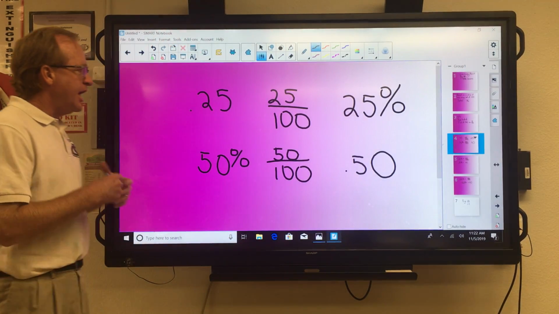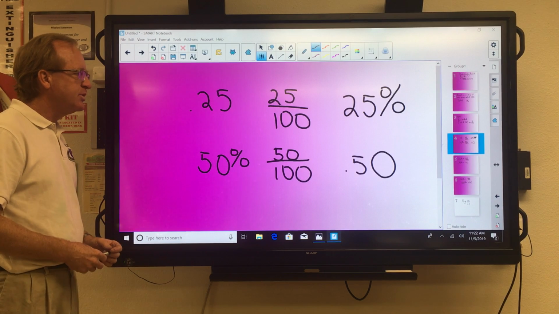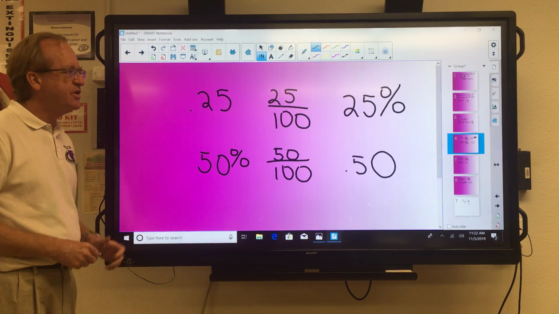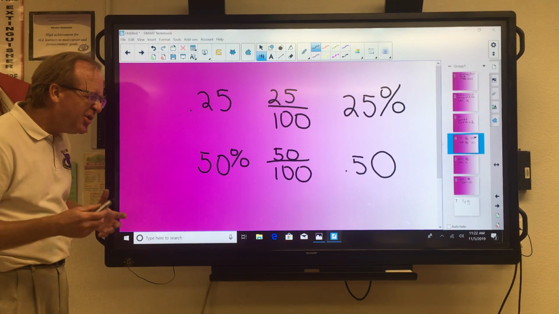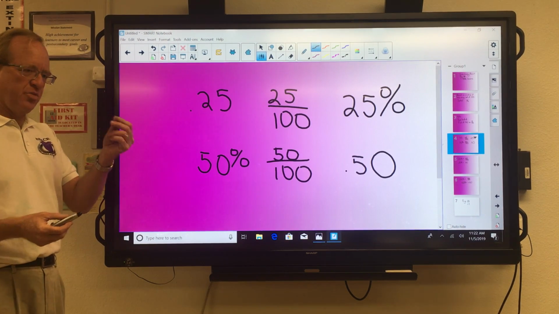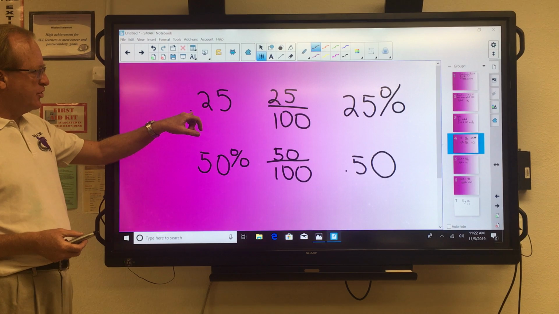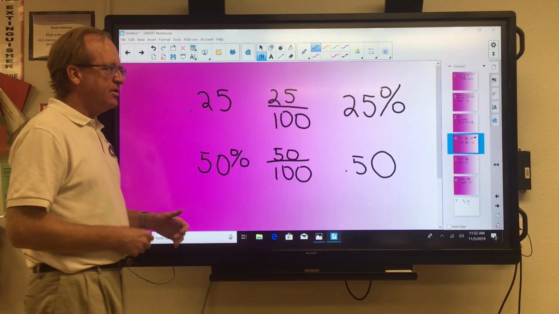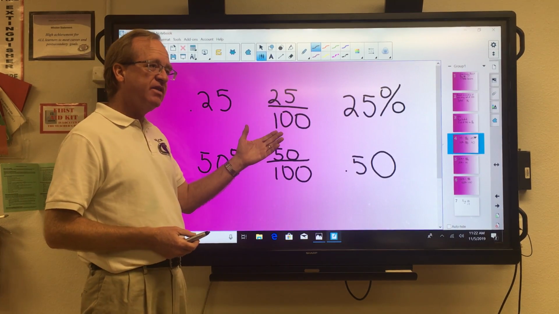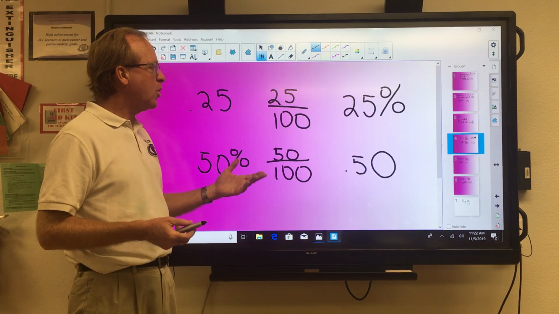Now, fractions and decimals and percents are just different ways to express the same thing. For example, you know if you have a quarter in your pocket that it's worth 25 cents or 0.25. And that's 25 cents out of $1. That's why they call it a quarter.